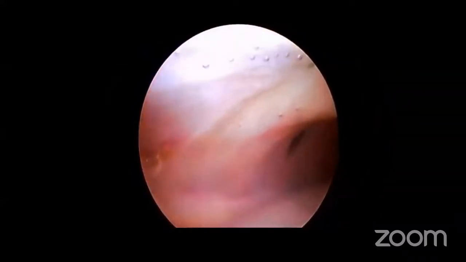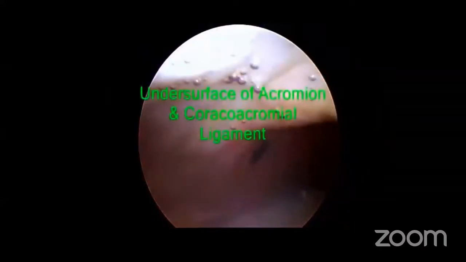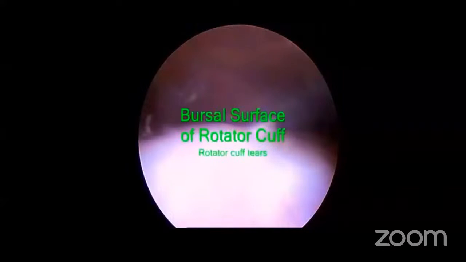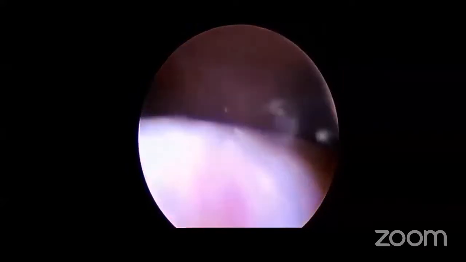Now we've moved into the subacromial space. You can see the undersurface of the acromion and the coracoacromial ligament. And inferiorly, you will see the bursal surface of the rotator cuff. And this is where you will be able to appreciate the cuff tears.